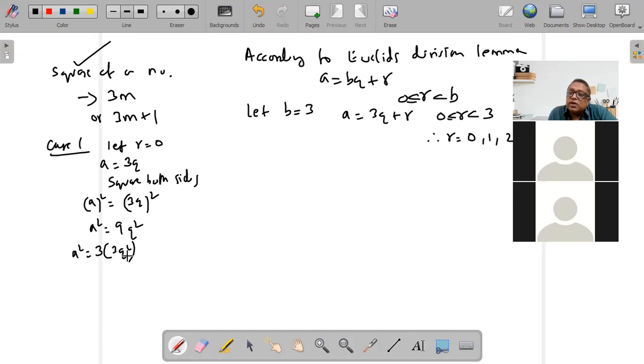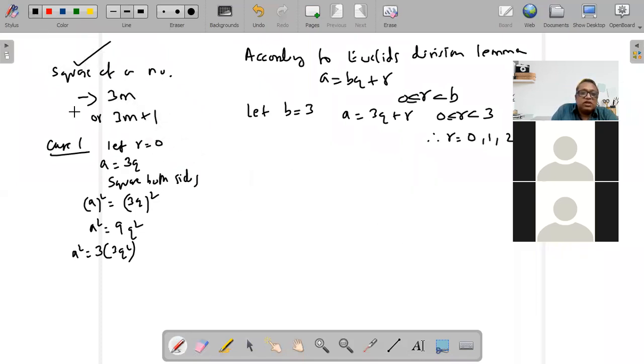And whatever is in the bracket, that is insignificant. What is important is the number outside. अगर मैं 3 into कुछ भी लिखता हूँ, x, y, z, 3 into 1000, all these numbers are insignificant. What is important is this number 3. Why? Because 3 into anything is a multiple of 3, isn't it? 3 के साथ कुछ भी multiply करेंगे, that is always going to be a multiple of 3.